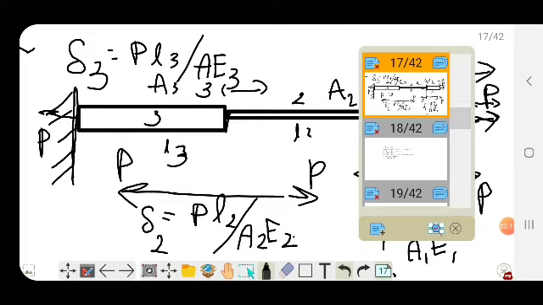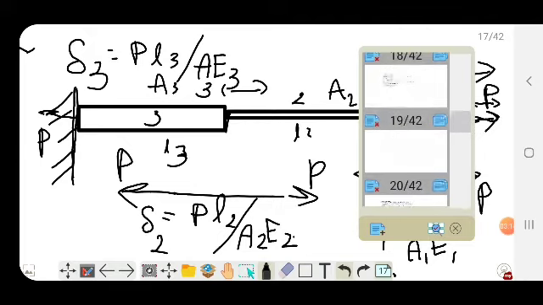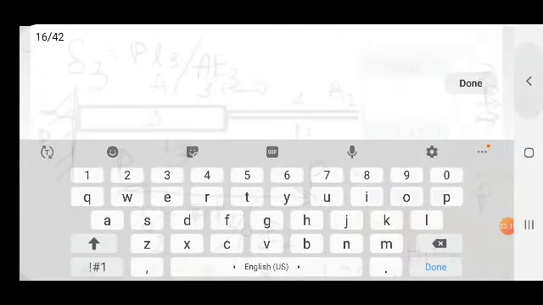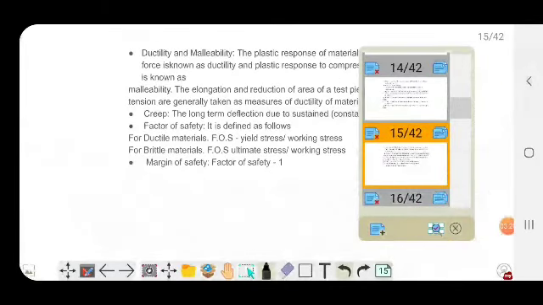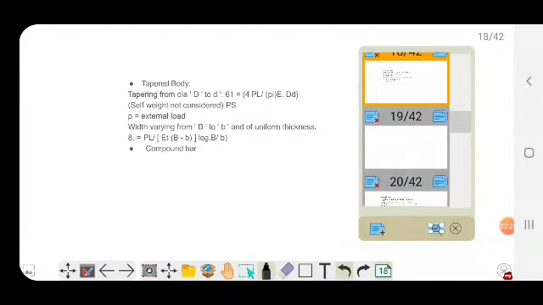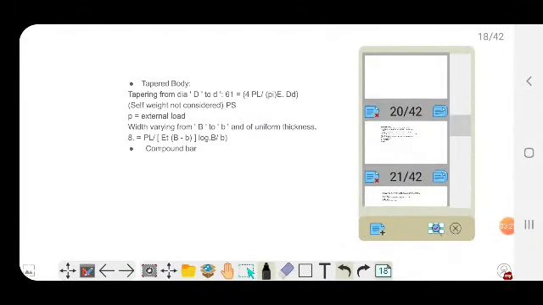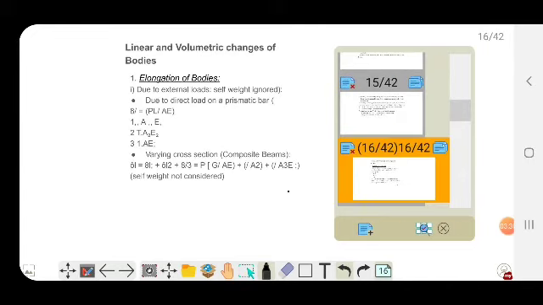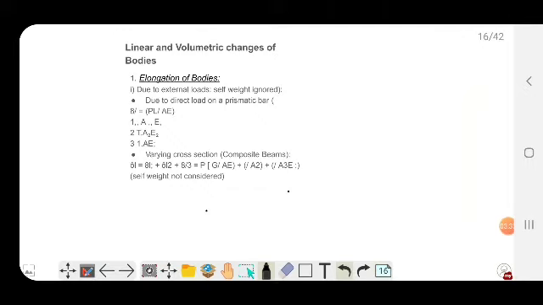So that is given here: elongation of bodies, varying cross section, composite beams.